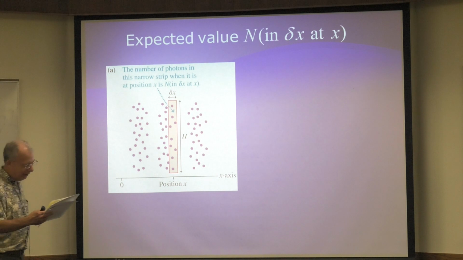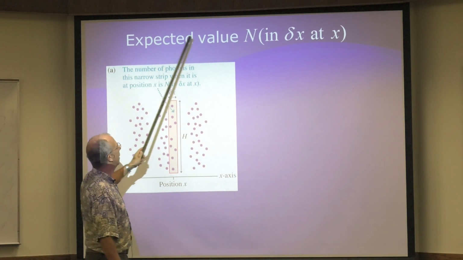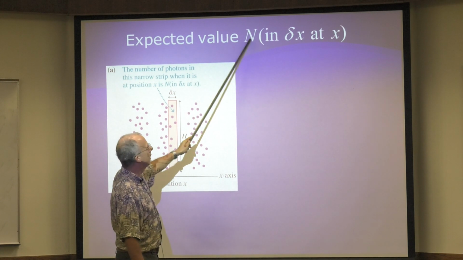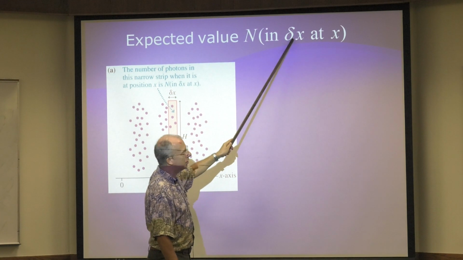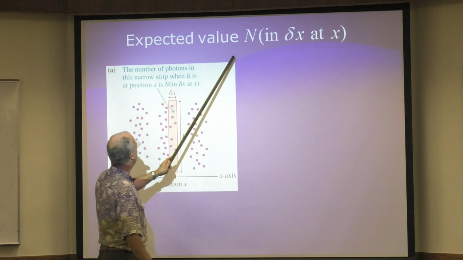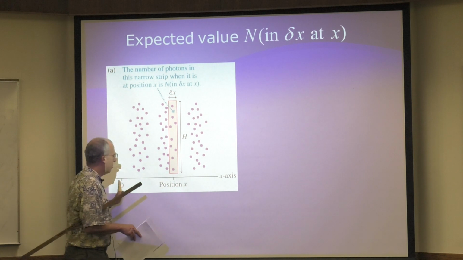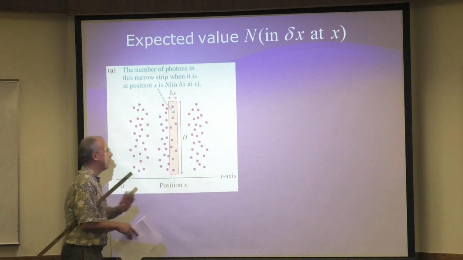Now, all right. So expected value. N in delta x, that's a width, right? So you're trying to figure out the expected value in a little width at some particular position x, okay?